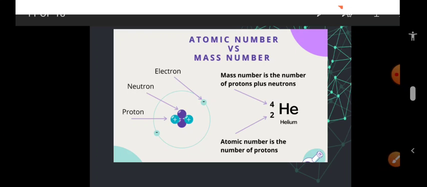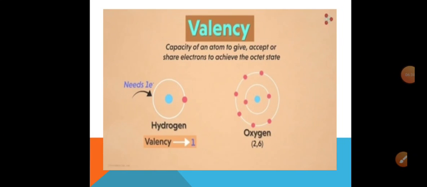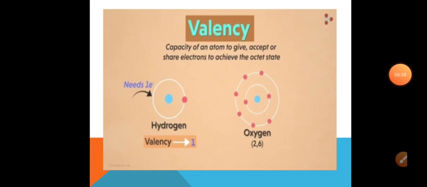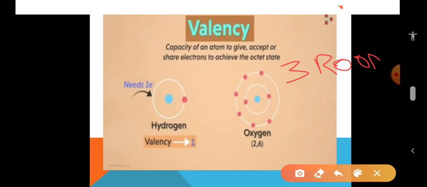Now let's go to the next concept, valency. What is valency? Valency means, for example, just imagine you have 3 rooms. In those 3 rooms, you have 2 options.